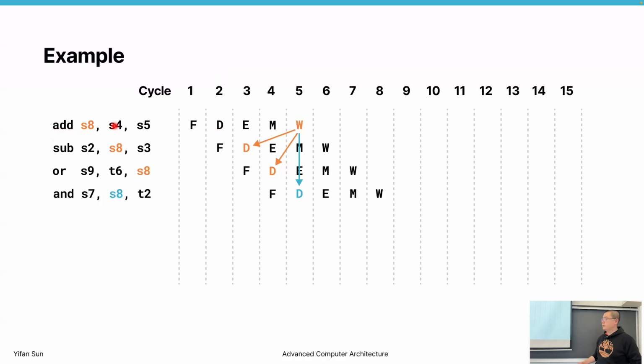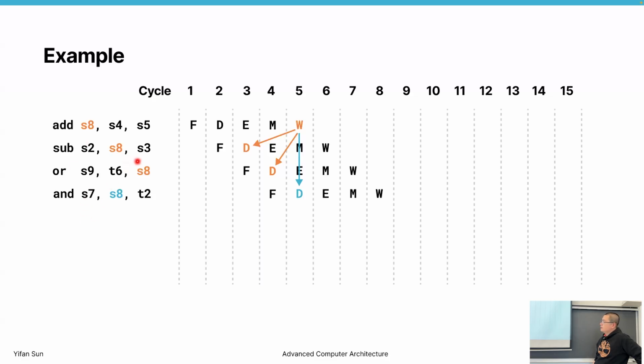Program order means we always execute these instructions line by line as if we're executing one after another. But because of performance optimization, we are actually executing them in some sort of parallel. In that case, there's a problem that this S8 will read some garbage data, and that will generate a wrong result eventually in S2. This is something we don't want.